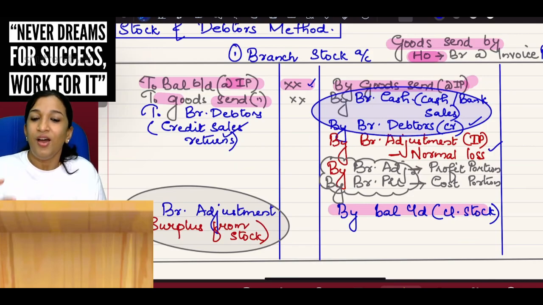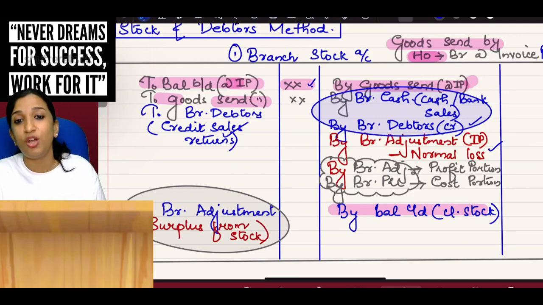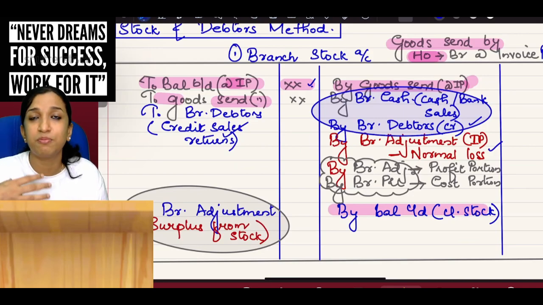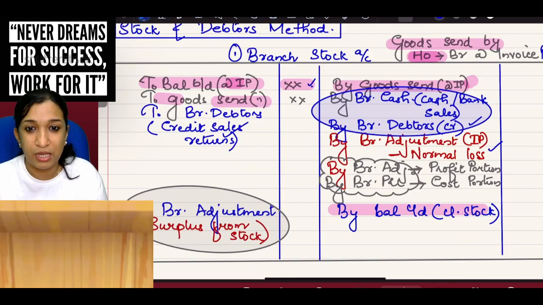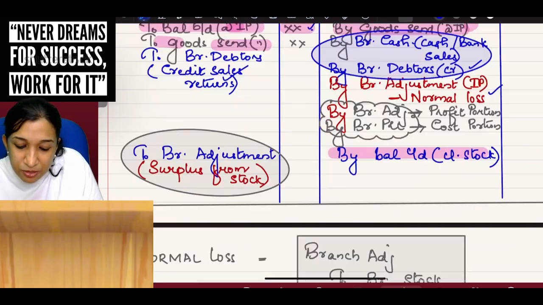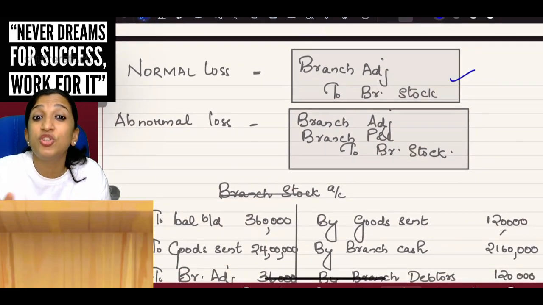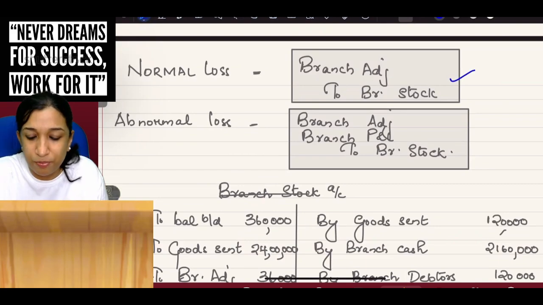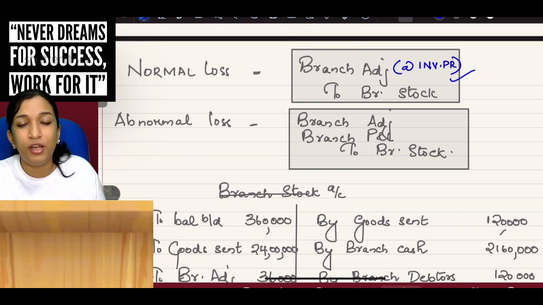The second option, which I recommend because the institute has followed this entry in the suggested answers: if there is normal loss, my entry will be branch adjustment to branch stock, at full invoice price.